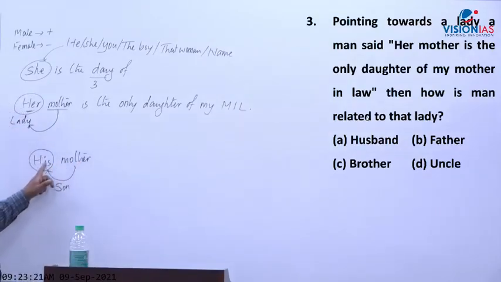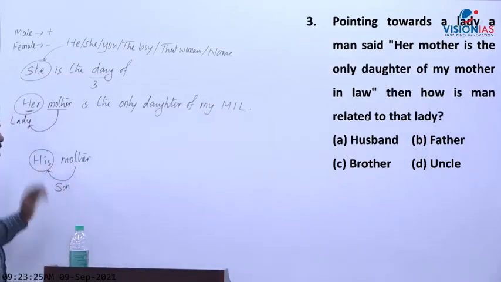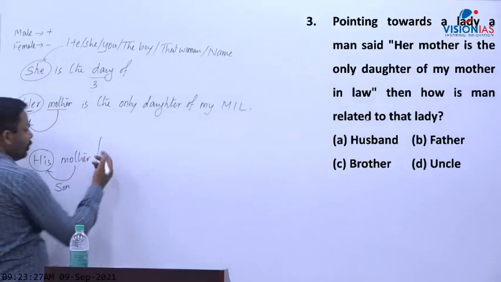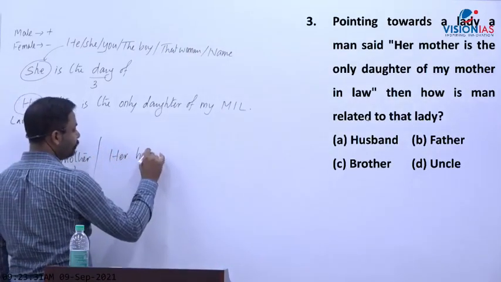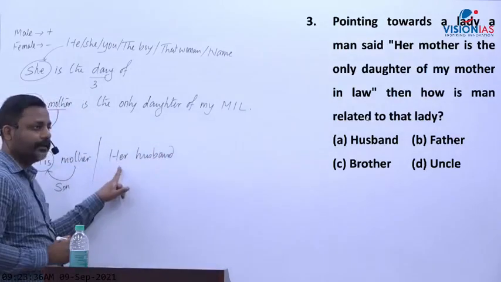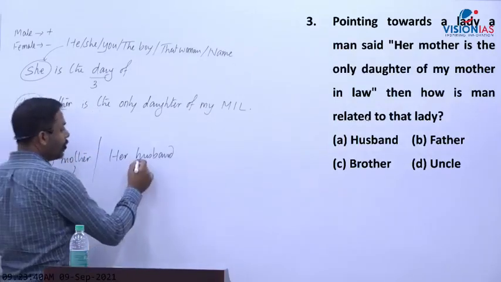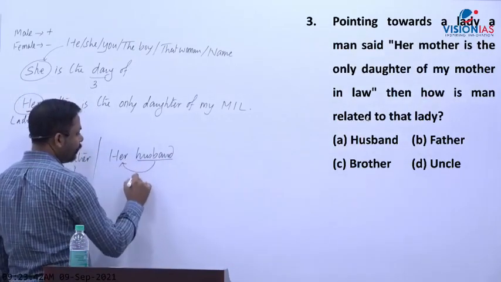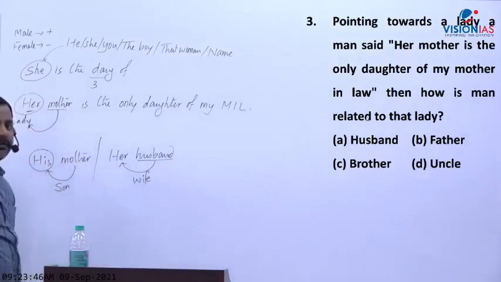So for her mother, this boy will be son. Let's take one more example. Her husband means this is lady and this is lady's husband. So for her husband, the lady will be what? Wife. For her husband, the lady will be wife.